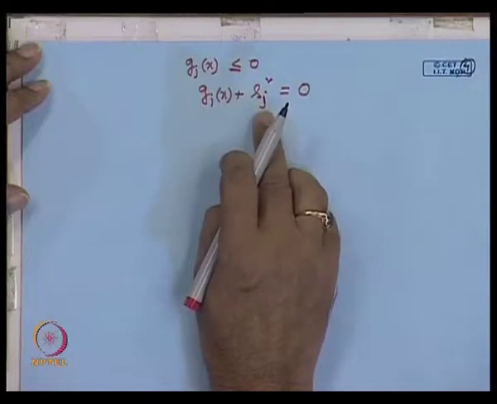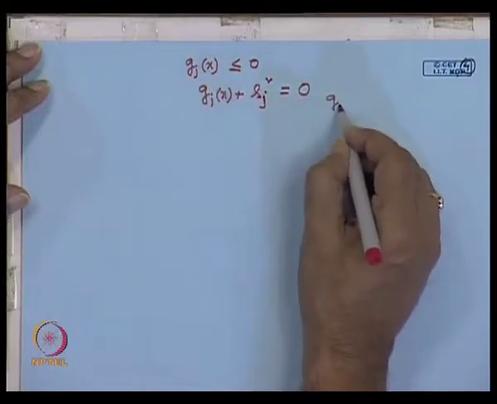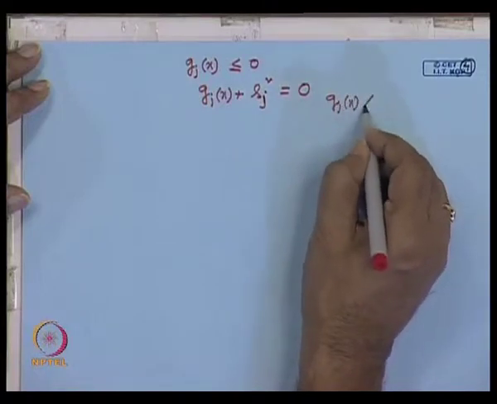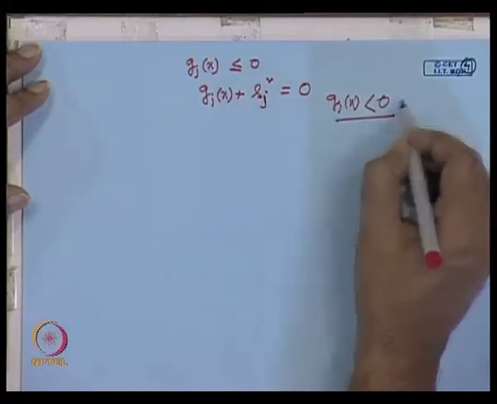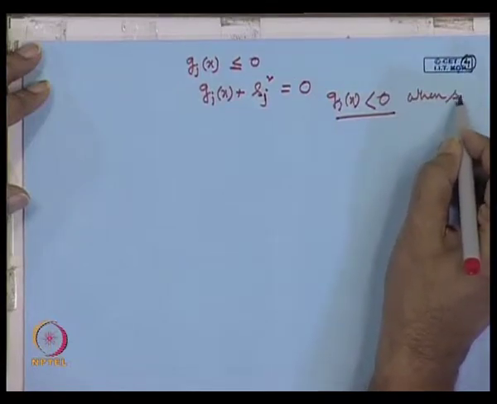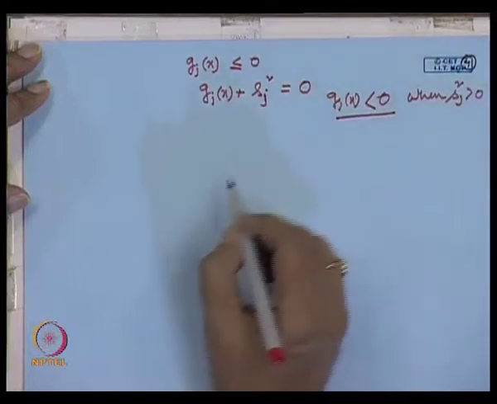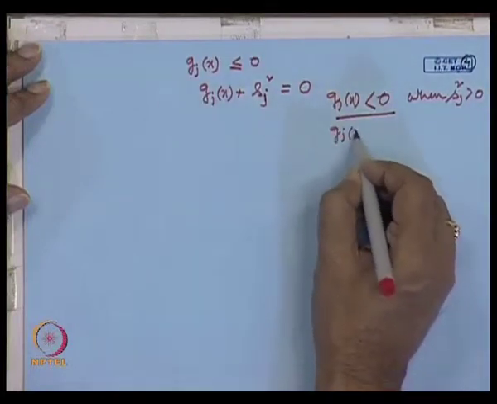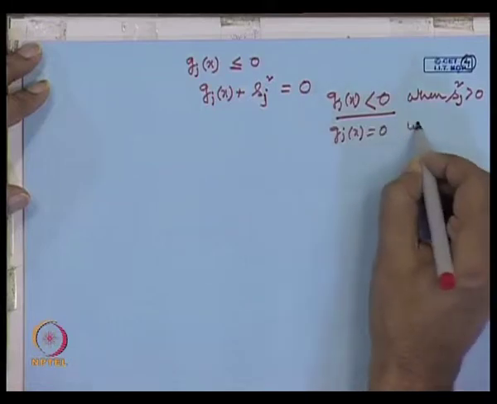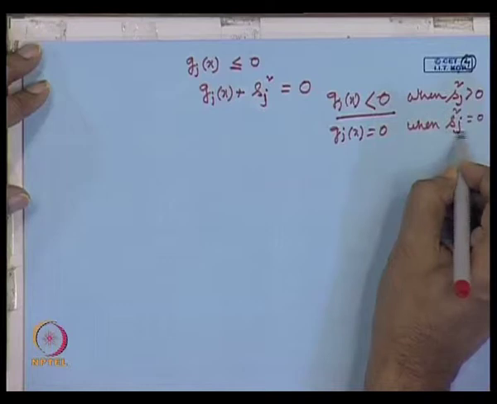When s is not equal to 0, a positive quantity, then the inequality condition g j of x less than 0 holds when s j square is greater than 0. The equality constraint is satisfied when s j square is equal to 0.